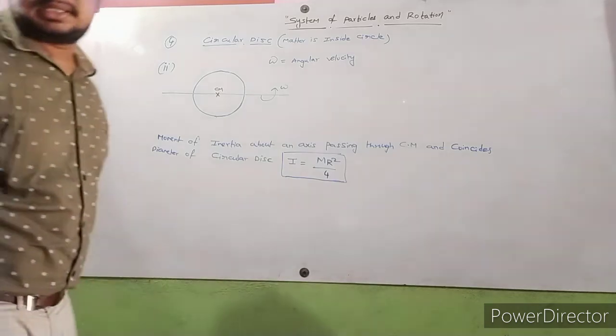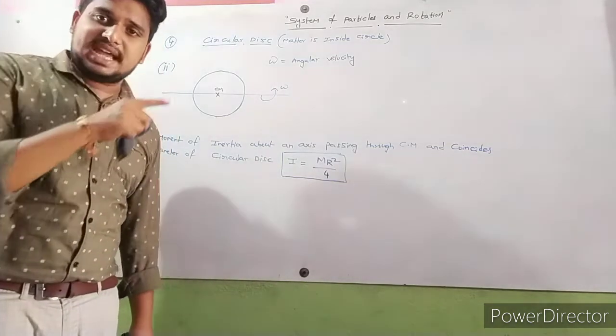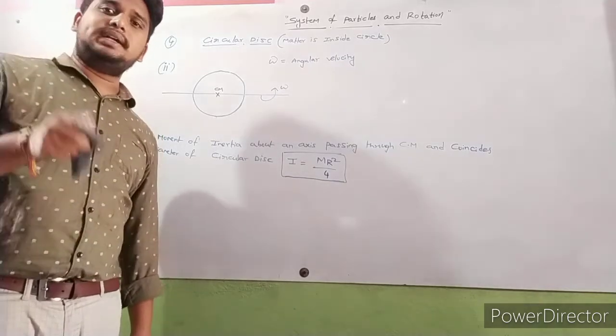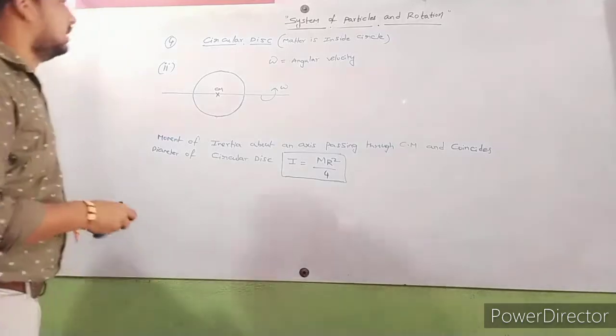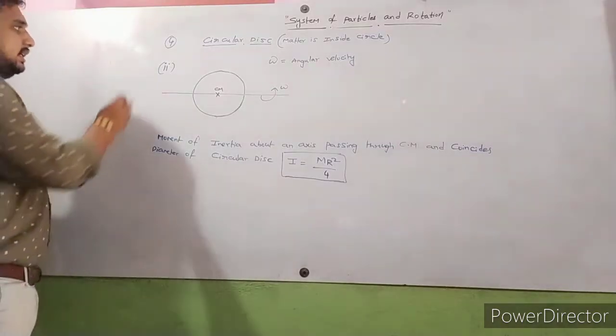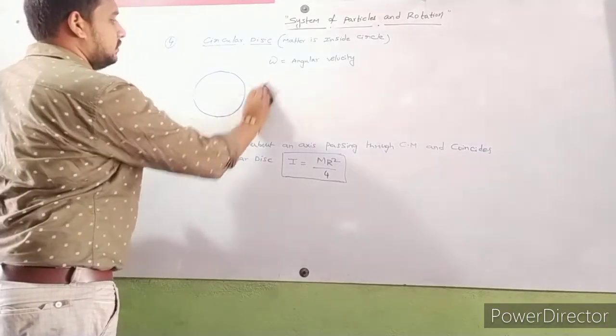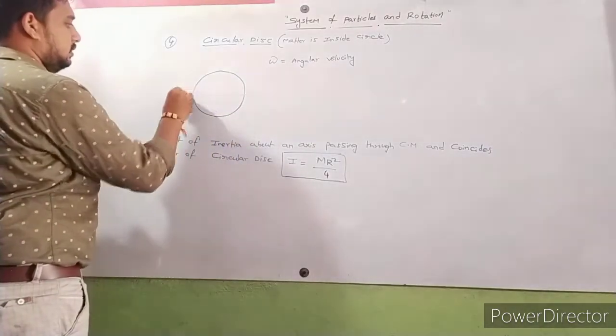What you observe from this? Whenever we change the axis of rotation, then definitely the moment of inertia changes. This is the circular disc. So next, case 3.